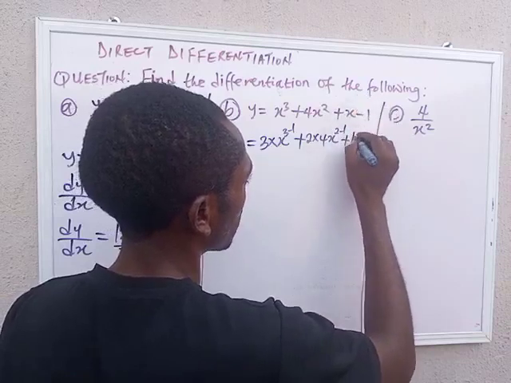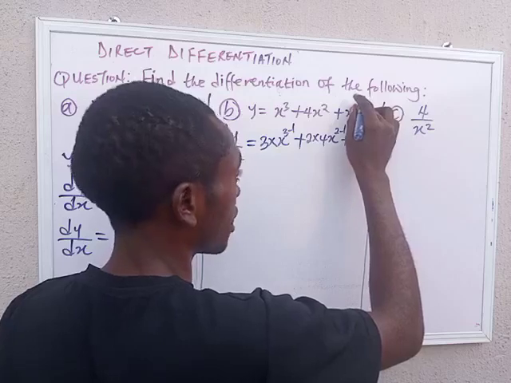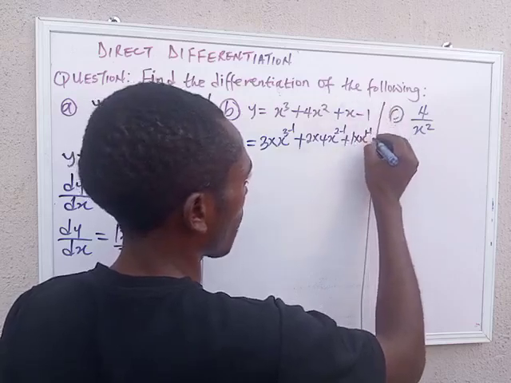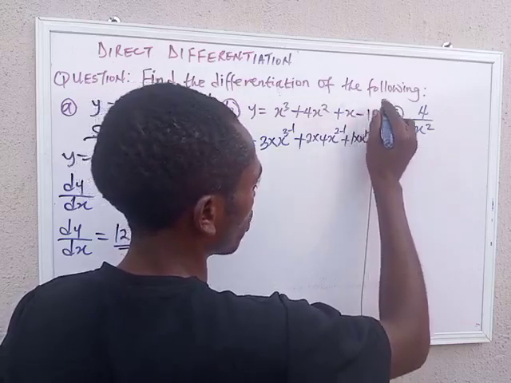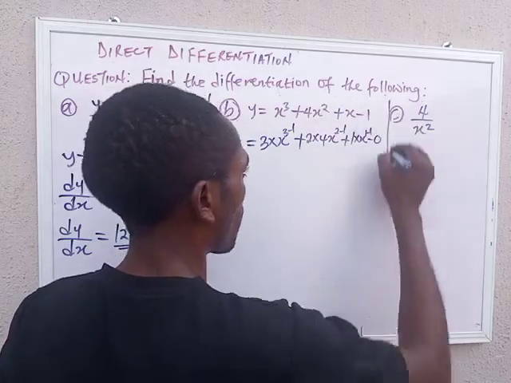And then the same thing here, plus the power here is 1. So 1 times x, reduce the power by 1. The x here is 1, so 1 minus 1. And then minus the constant here. We say differentiation of a constant is 0.